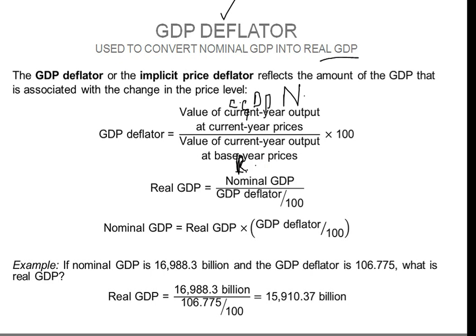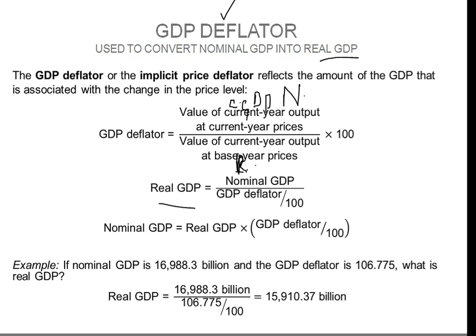In this formula we can get real GDP by dividing nominal GDP by the GDP deflator divided by 100. So nominal GDP is equal to real GDP multiplied by the GDP deflator divided by 100.